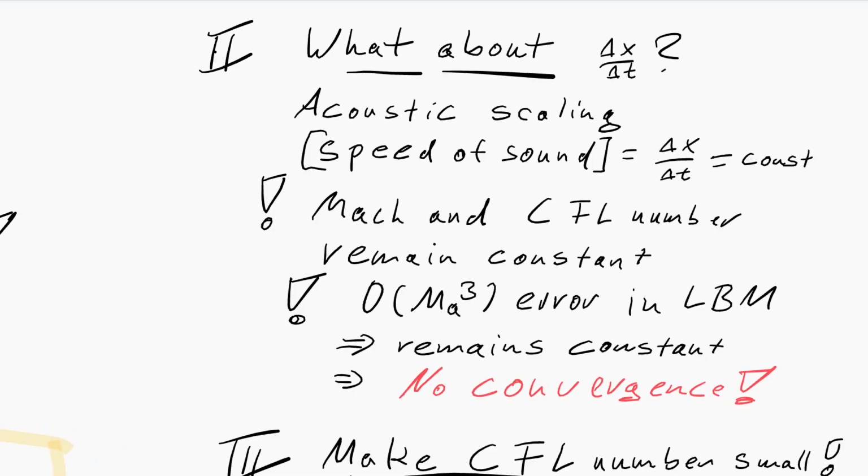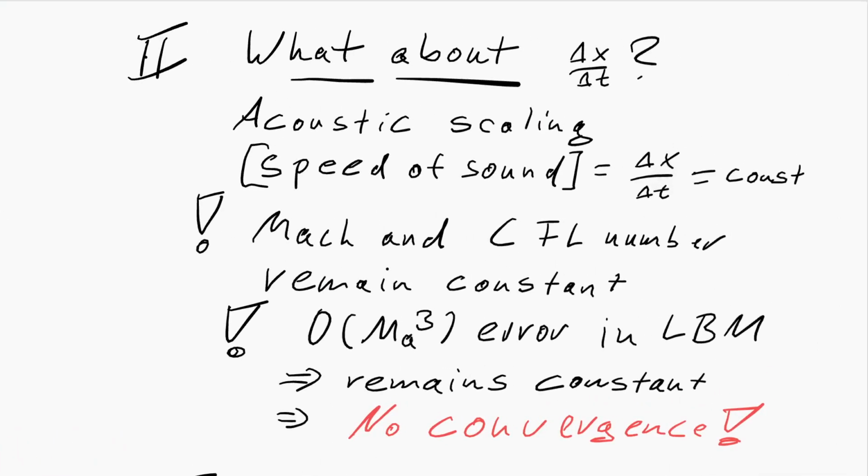So we have to link them in some way, and this opens the question: what about delta x by delta t? Delta x has to go to 0 and delta t has to go to 0, but what is the ratio of them?